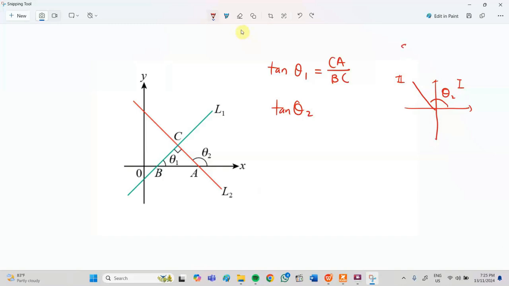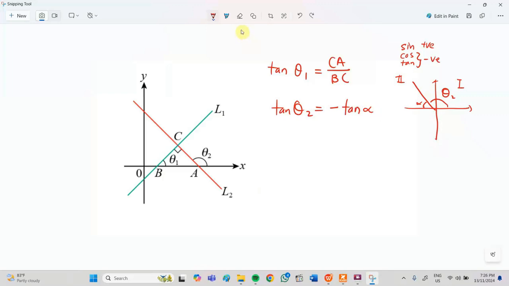In quadrant 2, only the sine value is positive, whereas cosine values and tangent values are negative. The tangent of theta 2 equals negative, because it lies in this quadrant, of the tangent of the reference angle.